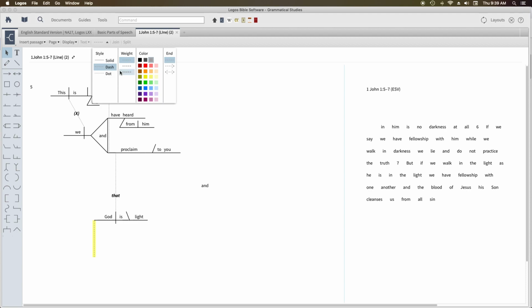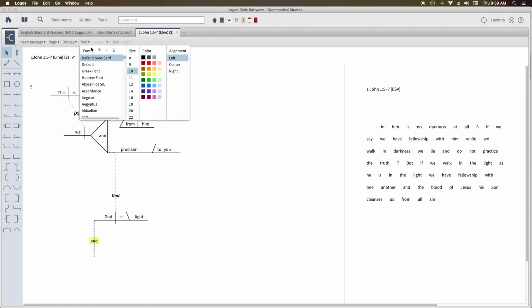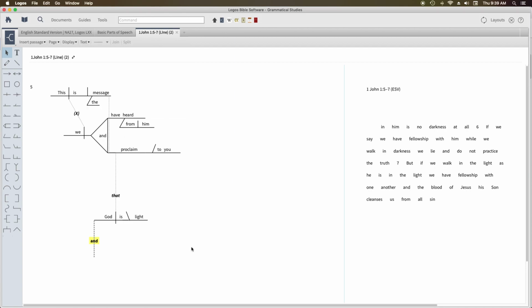For coordinating conjunction, I make it a dash, and I make it a big line so we can see it. Then take the word and drop it right on top. For coordinating conjunctions, I just simply bold them. The reason it's a coordinating conjunction is because it's two different things about God. God is light, there's no darkness in him at all. That's why I would say it's a coordinating conjunction and not a double type of verb.